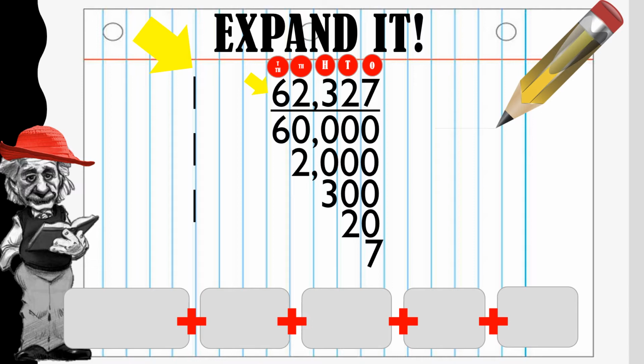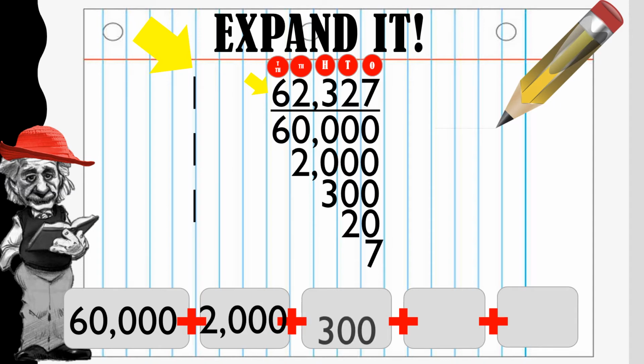So when we write it in expanded form, all we're doing is moving these numbers into an addition sentence. 60,000 plus 2,000 plus 300 plus 20 plus 7 gives us 62,327. We were able to write this number in expanded form by identifying the value of each digit. Let's try another one.